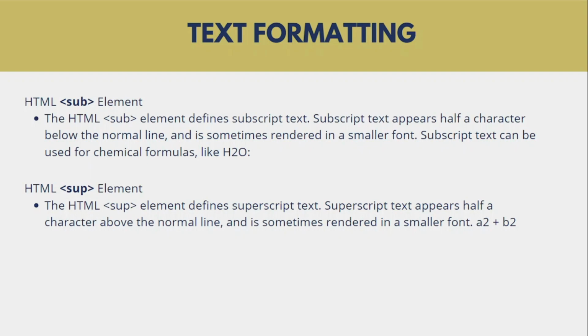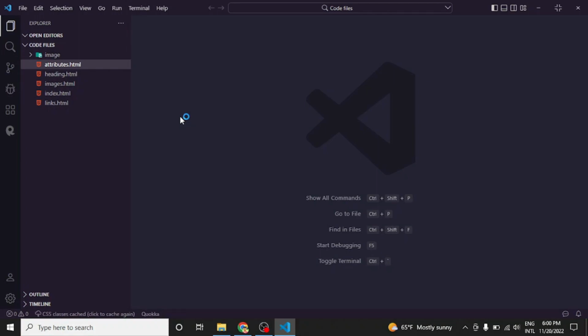Let me open my code editor. You can use any, but I will suggest to use VS Code. Now I am on my code editor. I will create a new file named text formatting, and you also create another file.